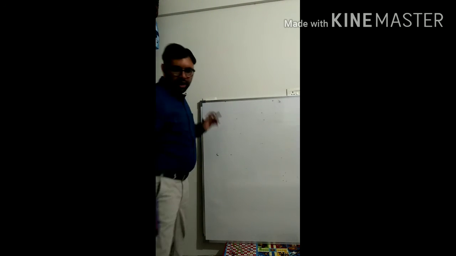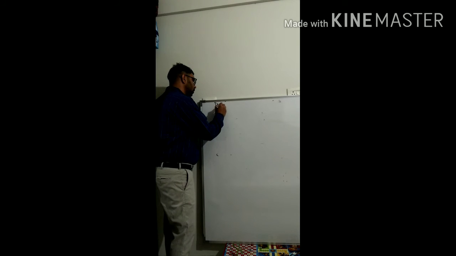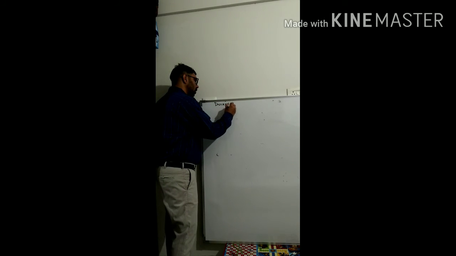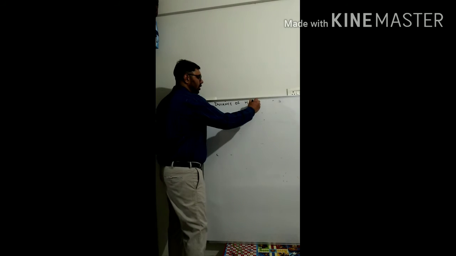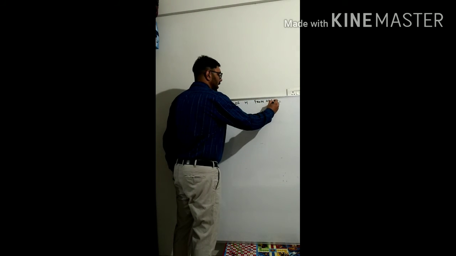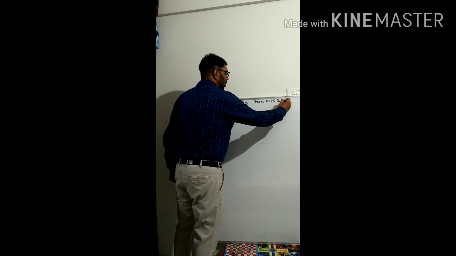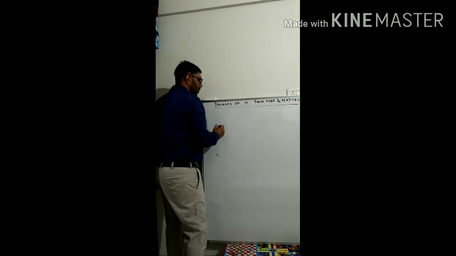Okay, so I have the orthocenter, but what I need to find is the distance of H, I am saying orthocenter, from sides and vertices. Okay, distance of orthocenter from sides and vertices.